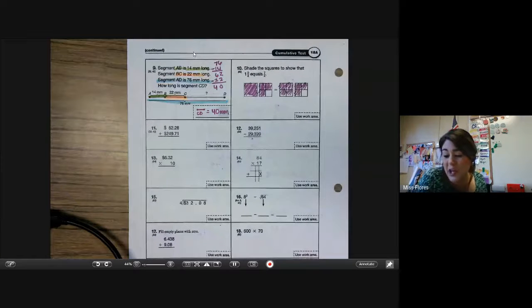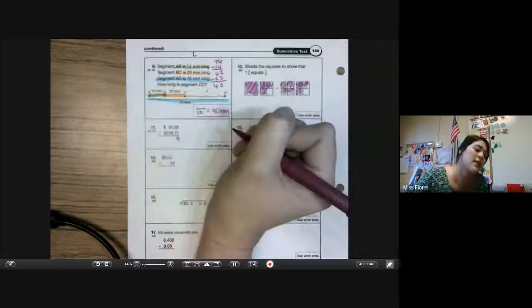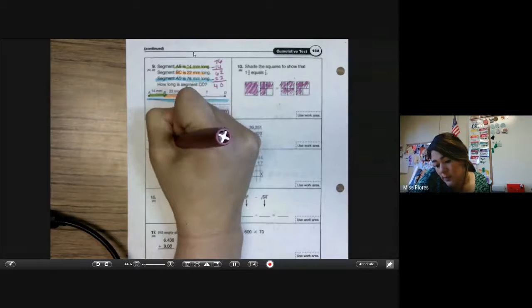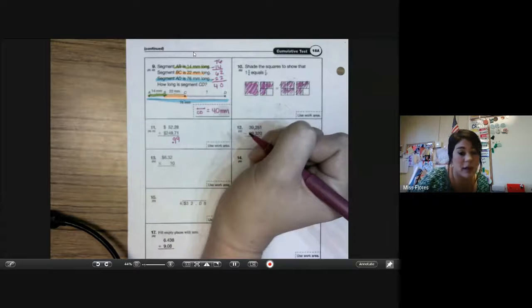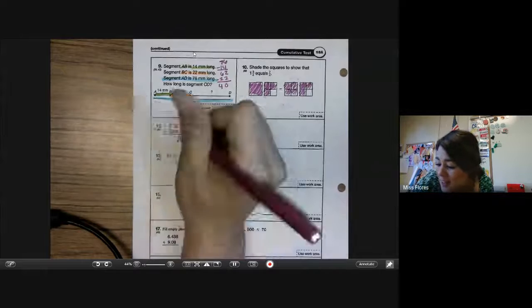All right, number 11, you're going to add straight down. Okay, so 8 plus 1 is 9. 7 plus 2 is 9. You're going to bring that decimal straight down. I'm not going to move on until you bring the decimal straight down. All right, 9 plus 2 is 11.